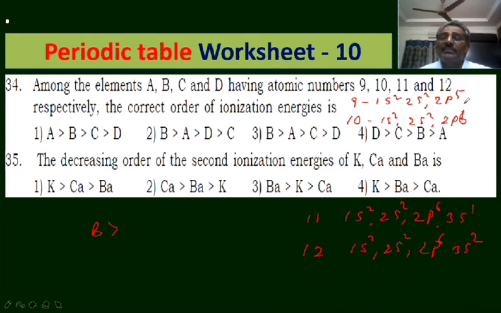The removal of an electron from a 2p orbital is more difficult than the removal of an electron from a 3s orbital. So B greater than A, which is greater than. Among these two, removal of a single electron is easy. So B, A, next D greater than C. So the second option is the right option.